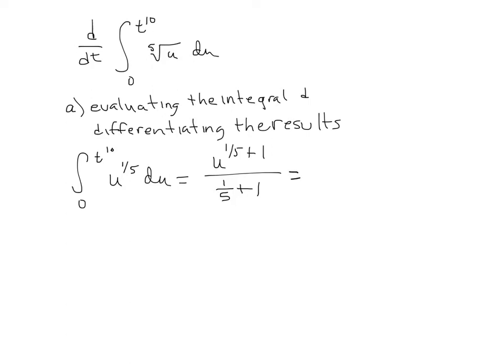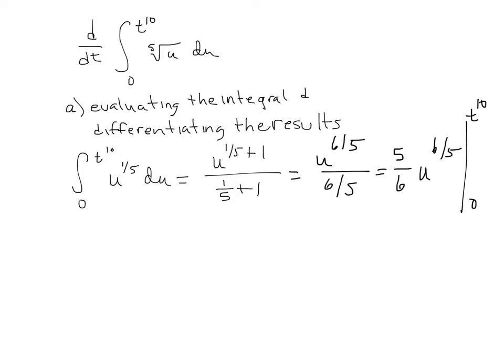So I'm going to end up with u to the 6/5 over 6/5, because 5 over 5 would be the 1, or 5 over 6 u to the 6/5, evaluating it at 0 and t to the 10th. So that's my limits of integration that I'm going to plug in here.